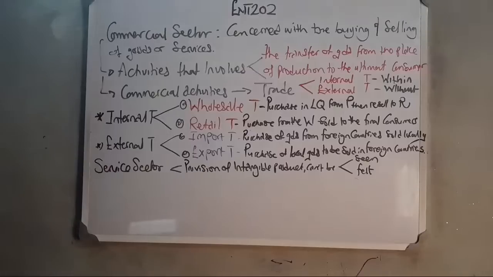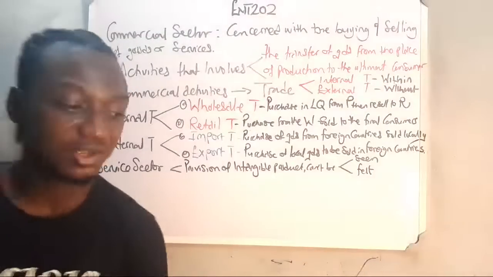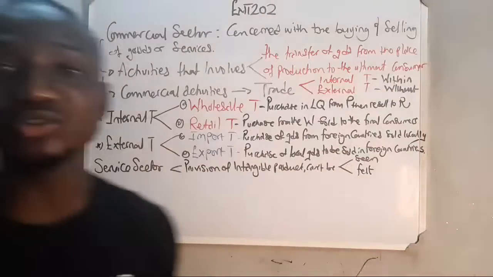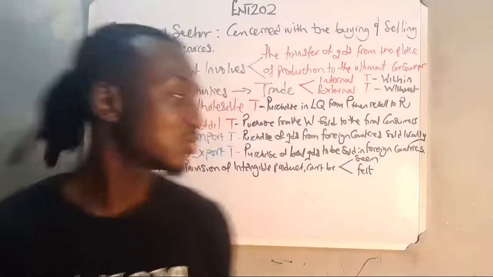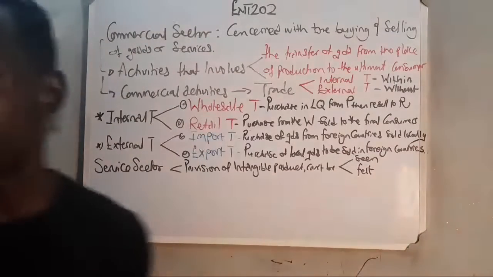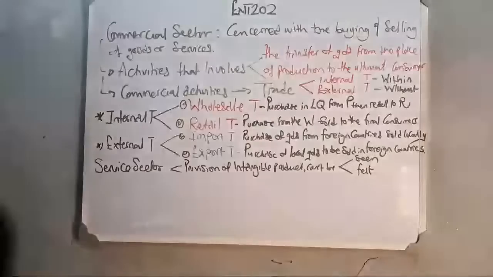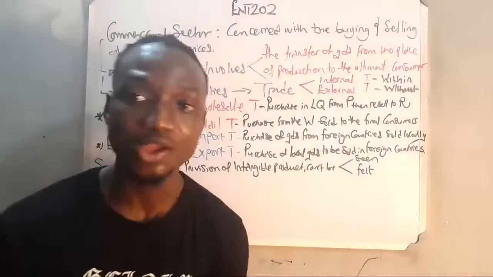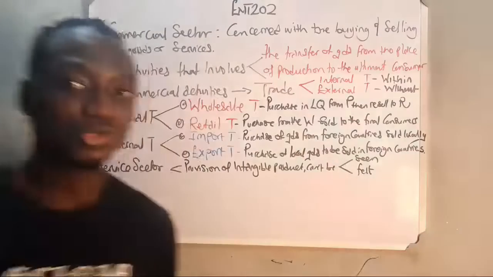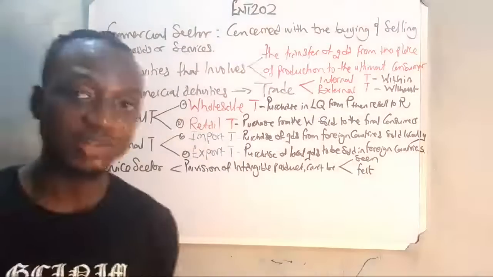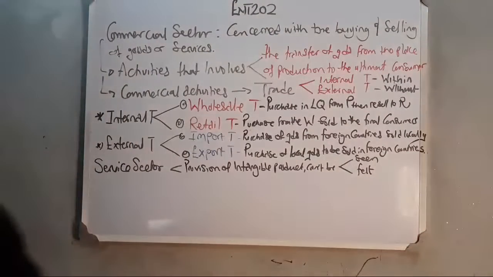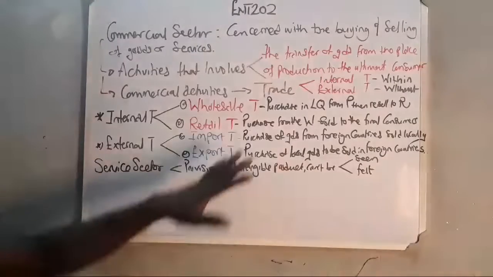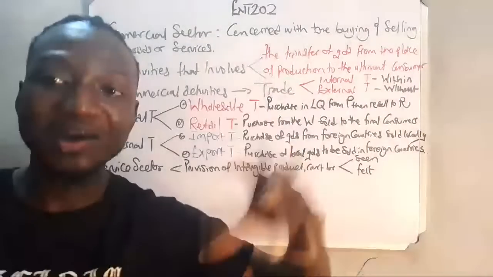A service, you cannot touch. It means that it's not tangible. It's like software. You can only see it, because you cannot touch it. So they are intangible products, unlike your pen or your Bible that you can see and touch.